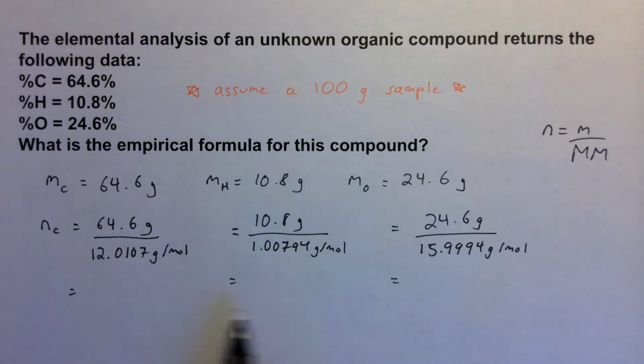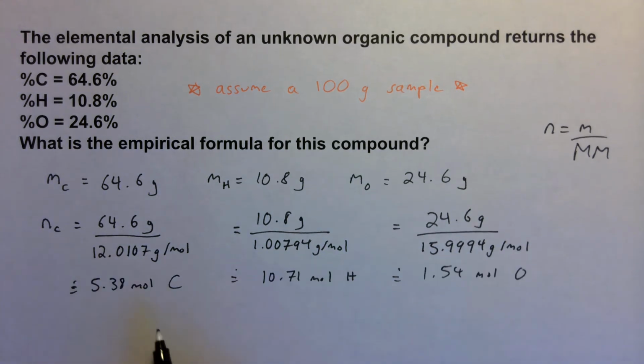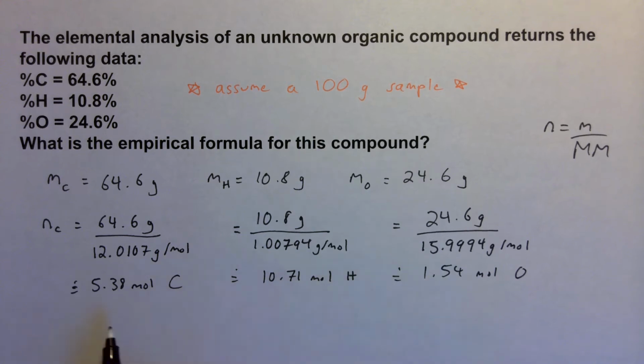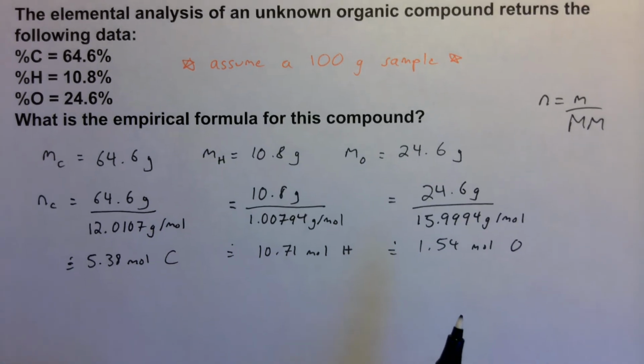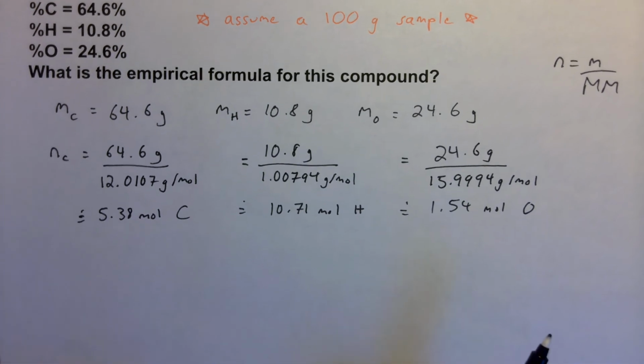Alright, so then we will plug these numbers into our calculator and be able to determine the number of moles for each element within this compound. I just quickly did that off camera to speed things up a little bit. So that's the number of moles of each element that we have in this compound.